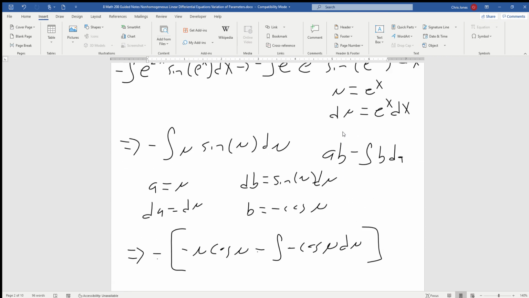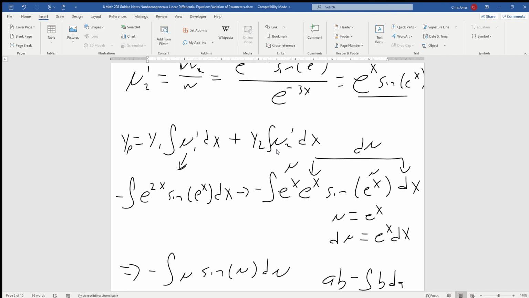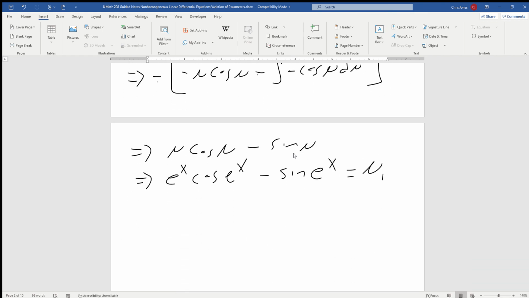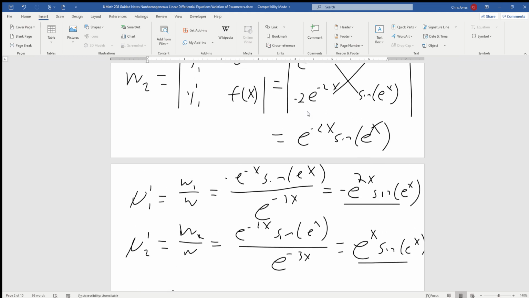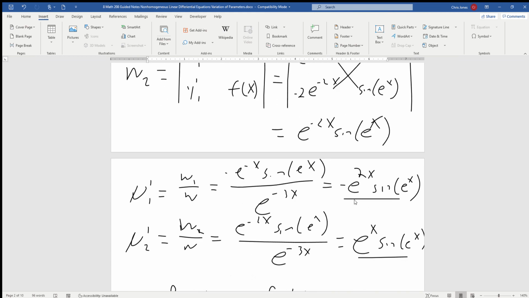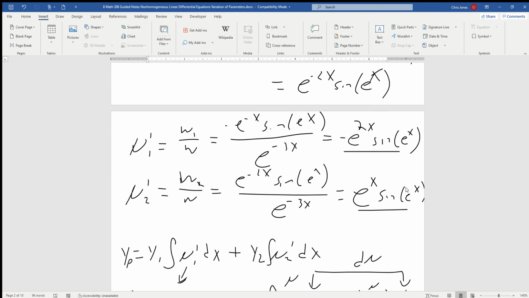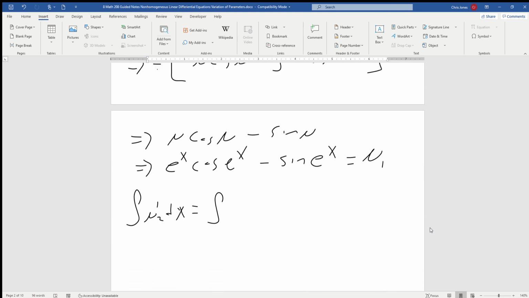Okay, so remember we need to find what u prime 2 is. All right, so we're going to integrate u prime 2 dx, and we're going to go all the way back up. We're going to define u prime 2, and remember u prime 2 was e to the x sine e to the x, which is a lot easier.